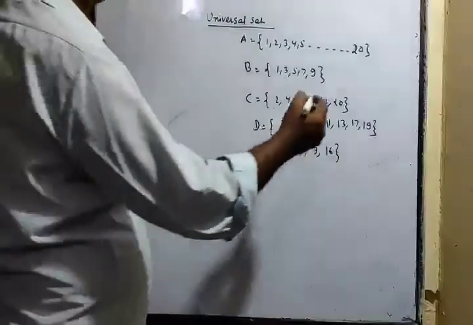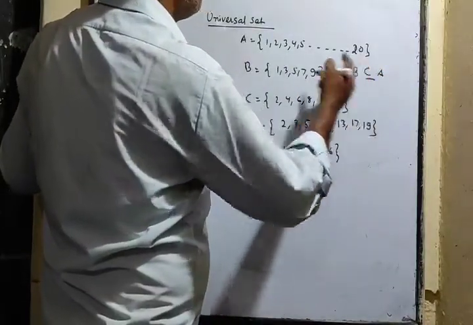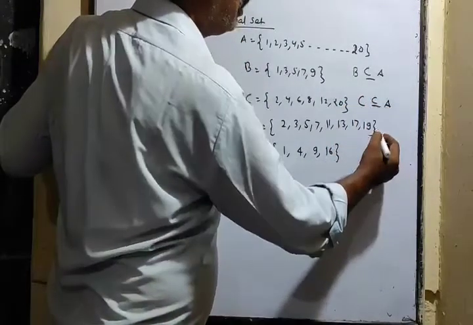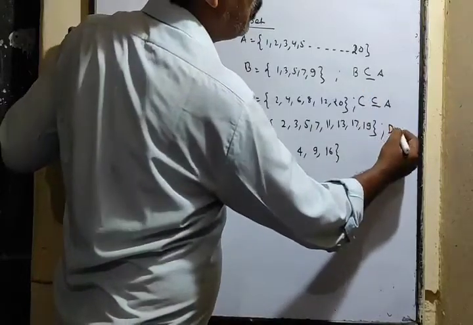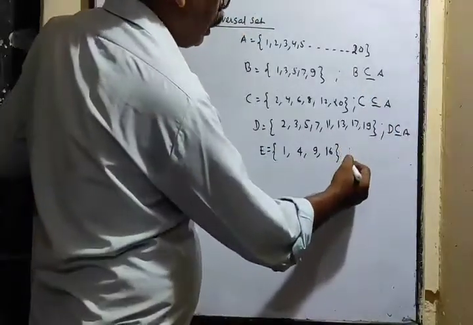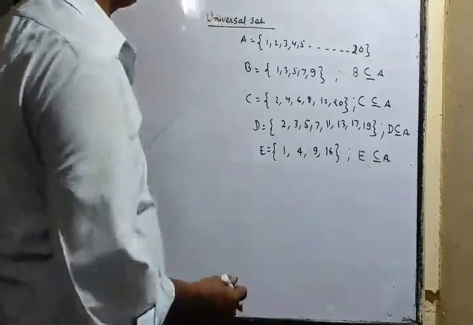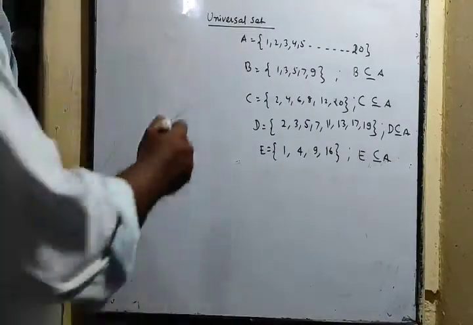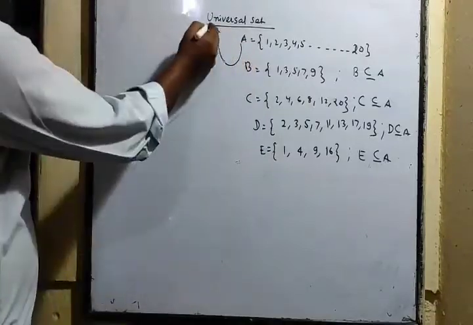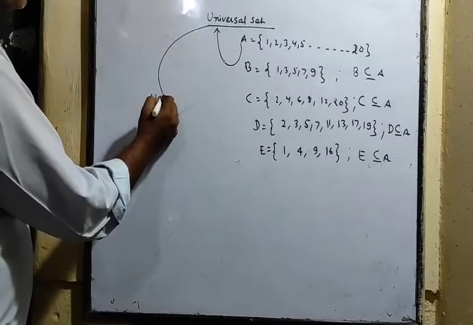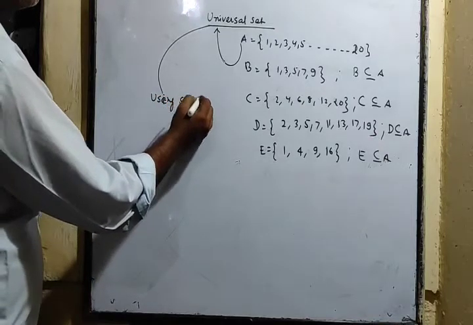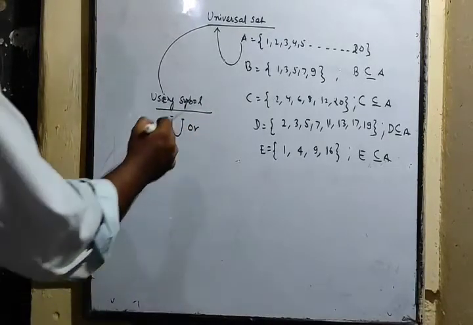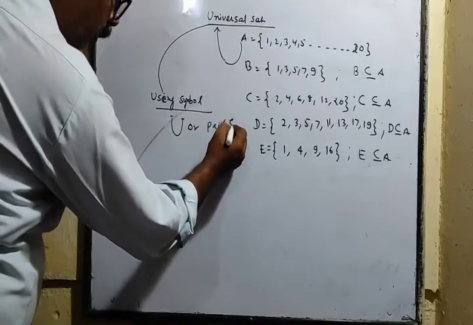So what we are finding, B is a subset of A, because each element of B is in A. C is also a subset of A. D is also a subset of A. And E is also a subset of A. So B, C, D and E all are subsets of the same set A. So this set A is known as the universal set, and for that we are using the symbol capital U, or we are writing the Greek letter xi.